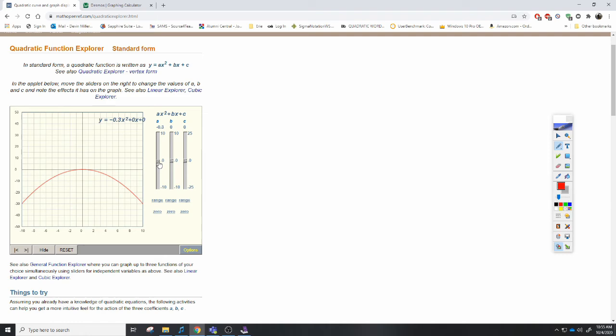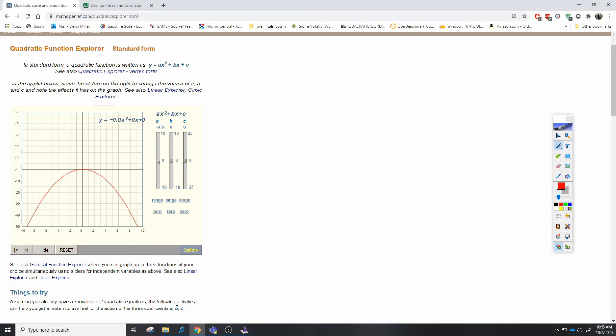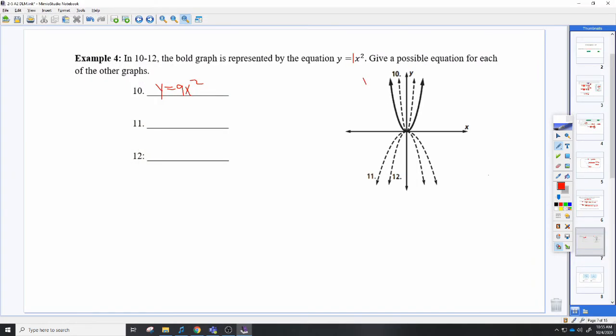So we could just make it something like this. How about that? That's pretty wide, right? Maybe not as wide as that. Maybe go down a little bit. There we go. That's wide. So that'd be like -0.6. And that would be a valid answer. You have to know that it's negative, because it's facing down, and that it's also a little wider, so it can't be as high as the number 1.